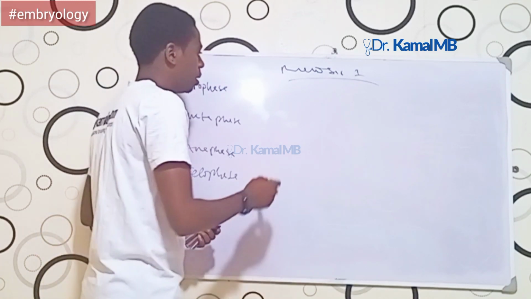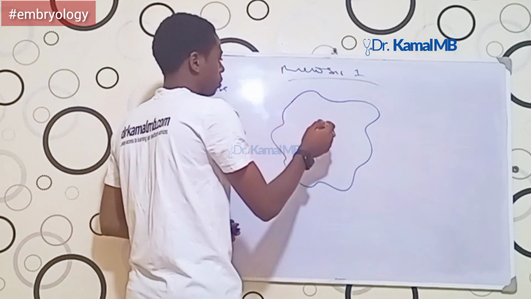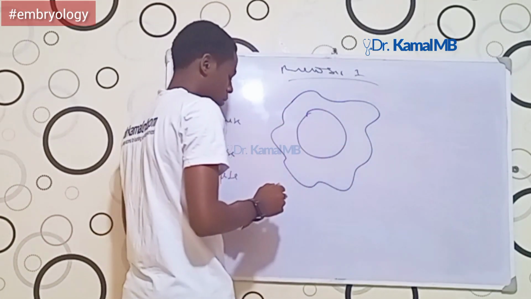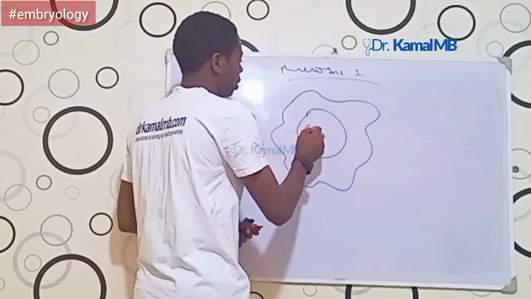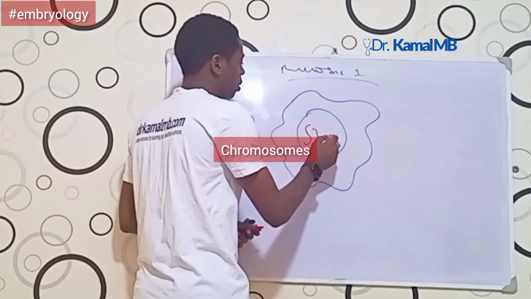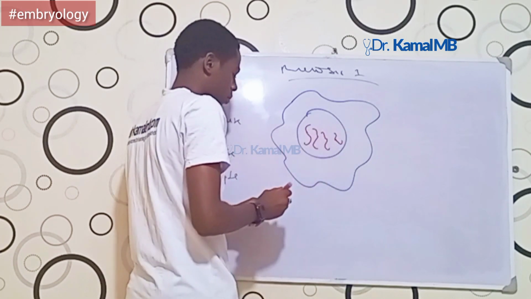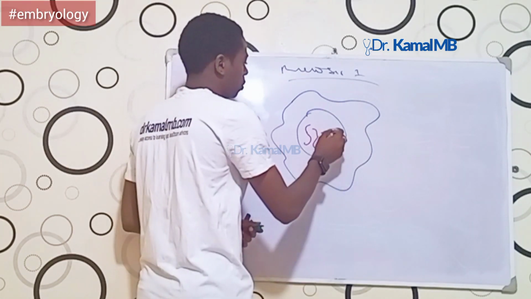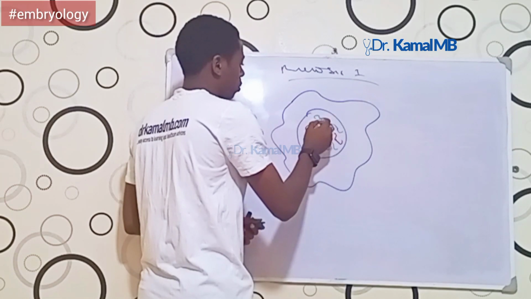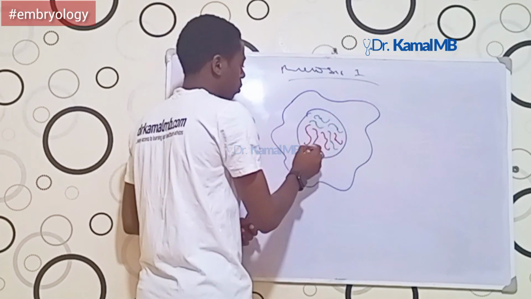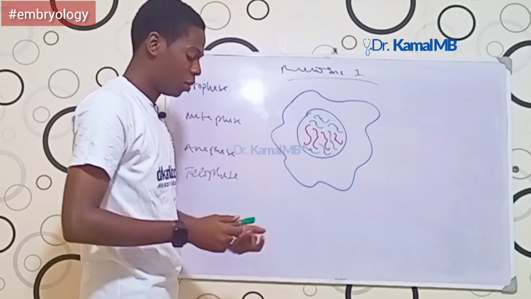So assuming this is a cell, it has a nucleus, and inside this nucleus we have different sets of chromosomes. So this is how the chromosomes look like.